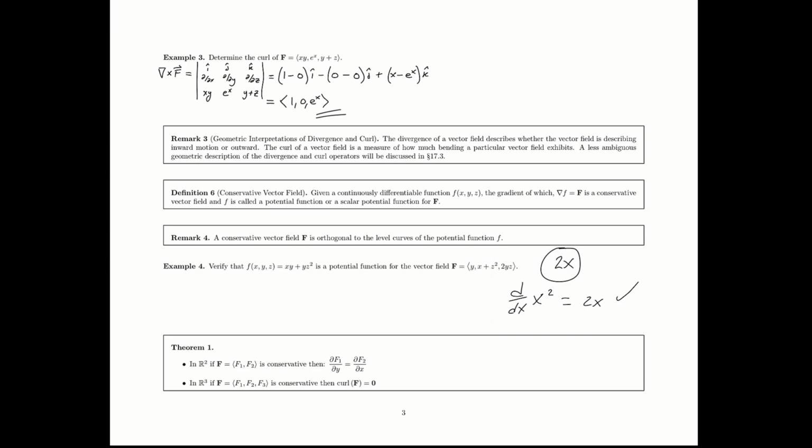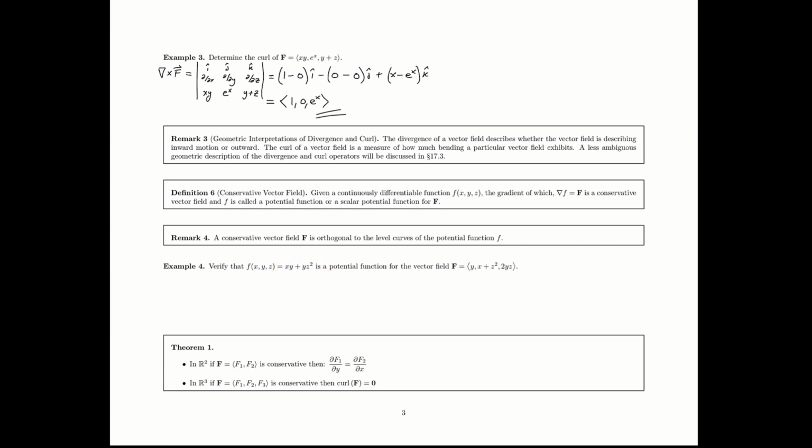Okay, let's take a look at example 4. Verify that this function, xy plus yz squared, is a potential function for the vector field F. Going back up to the definition, f is a scalar potential function for F if the gradient of f equals F, so let's check.